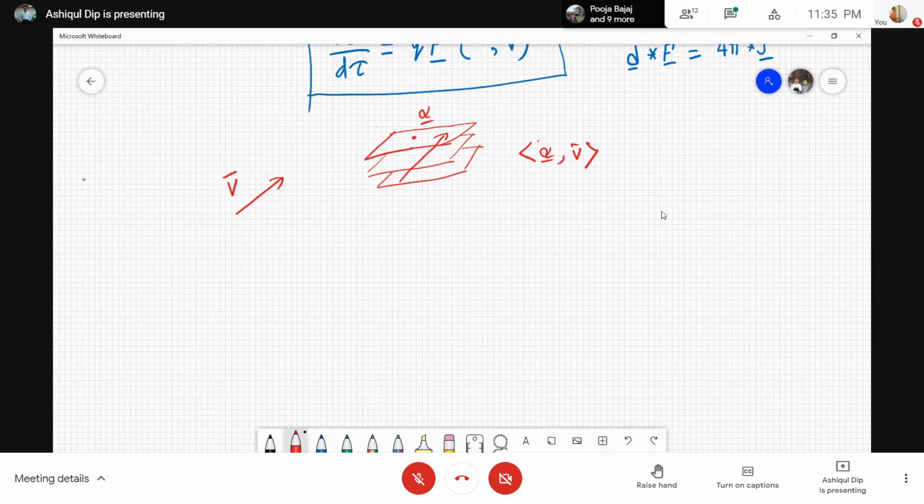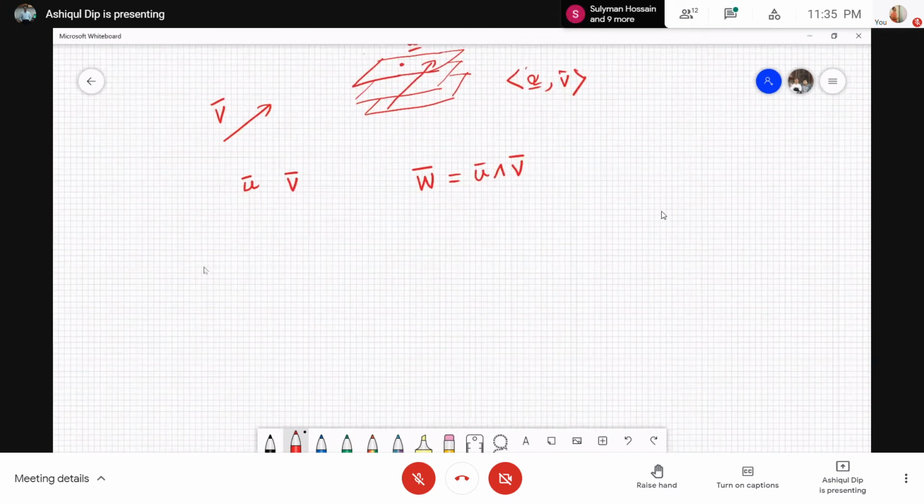If you have a vector u and another vector v, then a two-vector, say w, could be u wedge v. We know what individually u and v mean, but the question is, what does w mean?